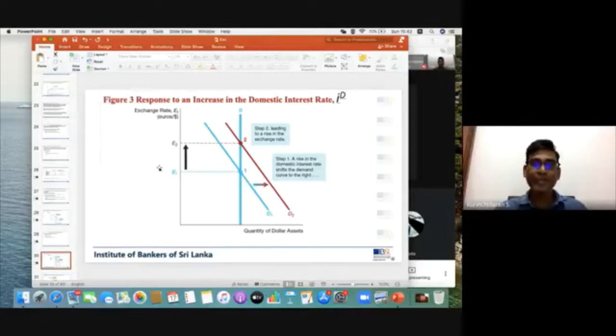Now step 1, a rise in the domestic interest rate shifts the demand curve to the right. Let's say the US increases its interest rate.